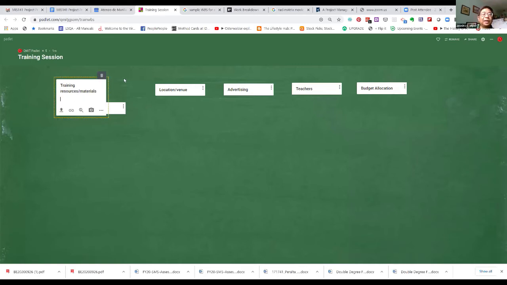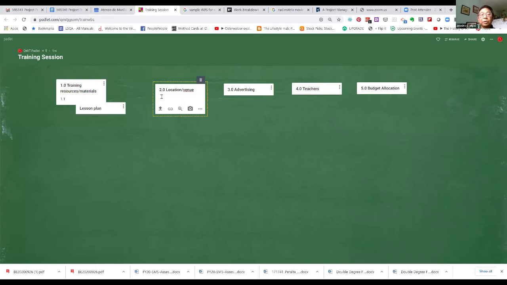So ito ngayon, yung training resources would be 1.0. This is one way of writing it down, huh? 2.0, or using the breakdown, 2.0. This is 3.0. This is 4.0. And this is 5.0. Or, kung ang ginamit natin ay yun nandoon sa slide, this will be 1.1.